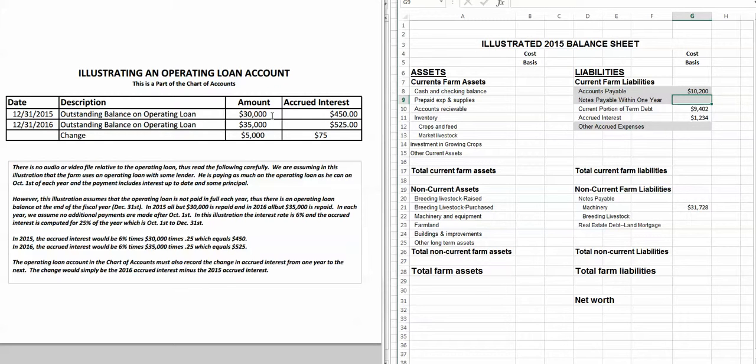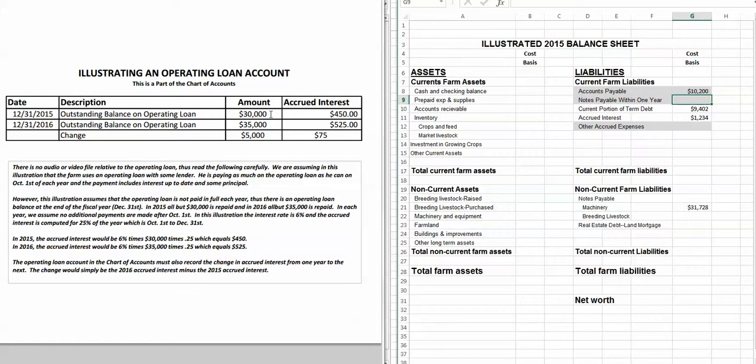Now, let's suppose that the owner went in November 1st and paid as much of the operating loan as he could. So he paid $470,000 out of a $500,000 loan, but he had $30,000 he simply couldn't pay.